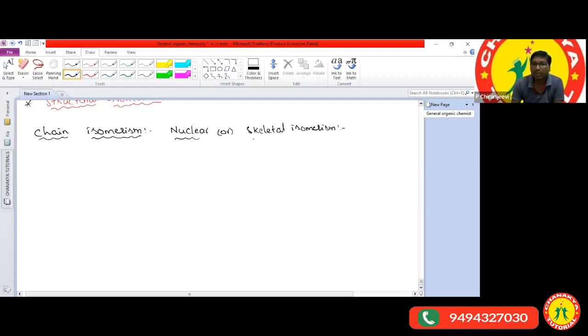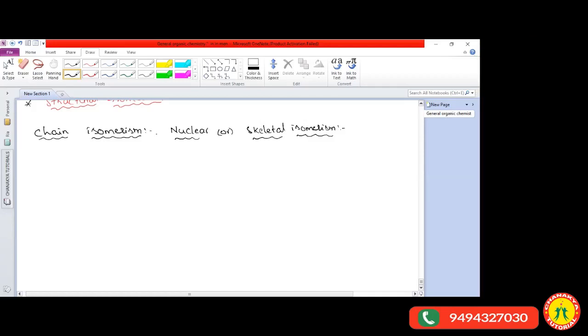To exhibit chain isomerism, the compound has to contain a minimum of 4 carbon atoms. Then only it exhibits chain isomerism. If it has 2 carbon atoms or 3 carbon atoms, it does not exhibit chain isomerism. To exhibit chain isomerism, minimum how many carbon atoms must be there? 4, sir.